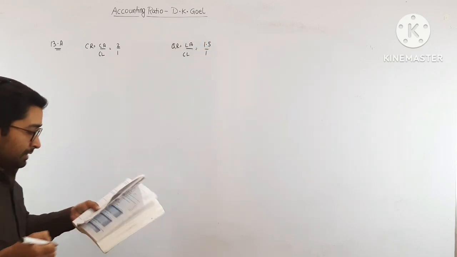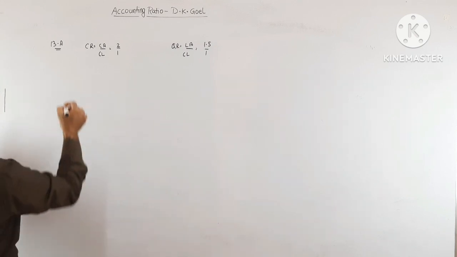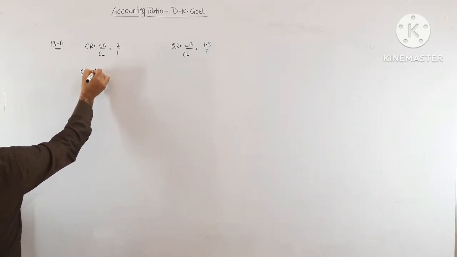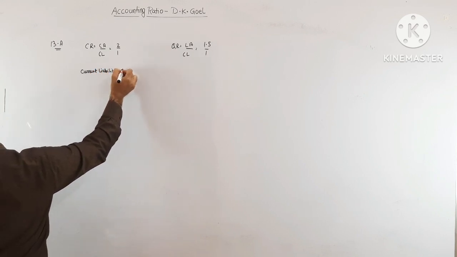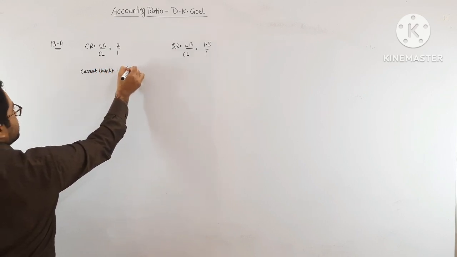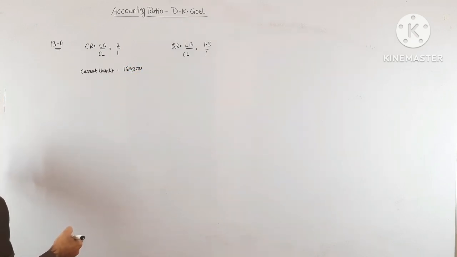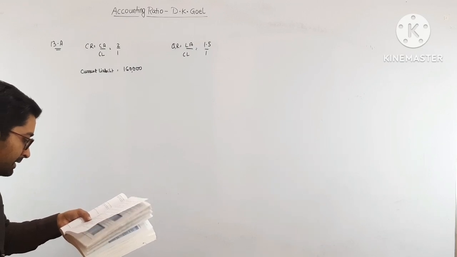Clear? So current liability is 1,60,000. Calculate the current asset, the quick asset and the inventory.